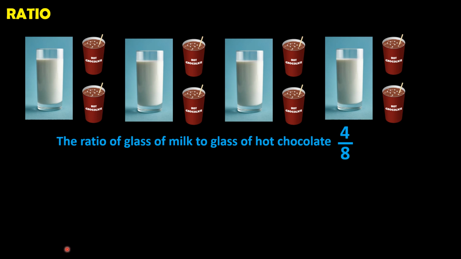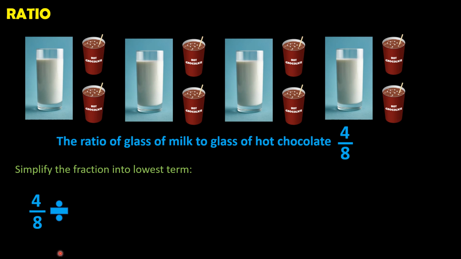Now, what if we're asked to simplify naman the fraction into lowest term or simplest form? So 4/8, we simply have to find a number, that one number that we have to use para ma-divide si 4 at si 8. And that is the GCF. So ano ba ang greatest common factor or GCF ni 4 at 8?